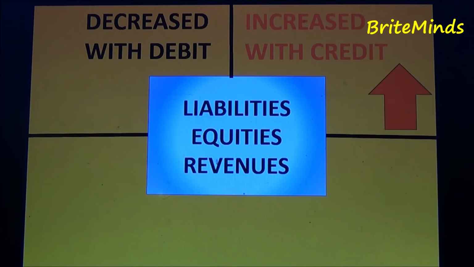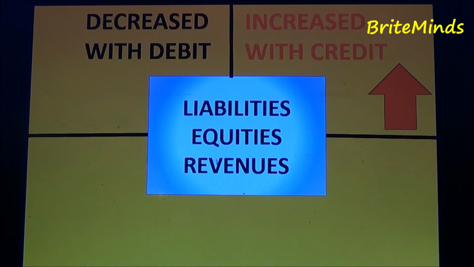And then decrease in equity is recorded as debit. For example, the personal drawings of the business owner. That action, like the drawings, will reduce the equity of the owner. So it will be recorded as debit.